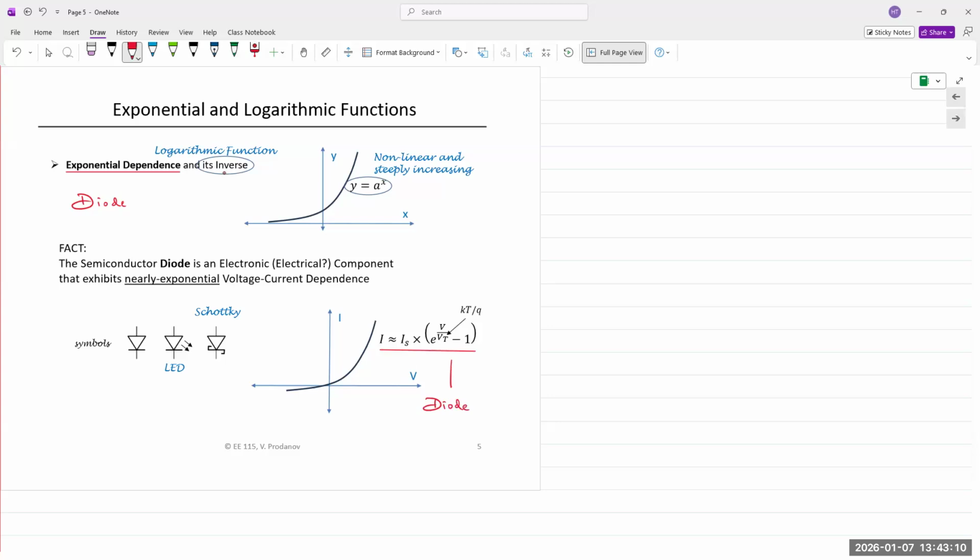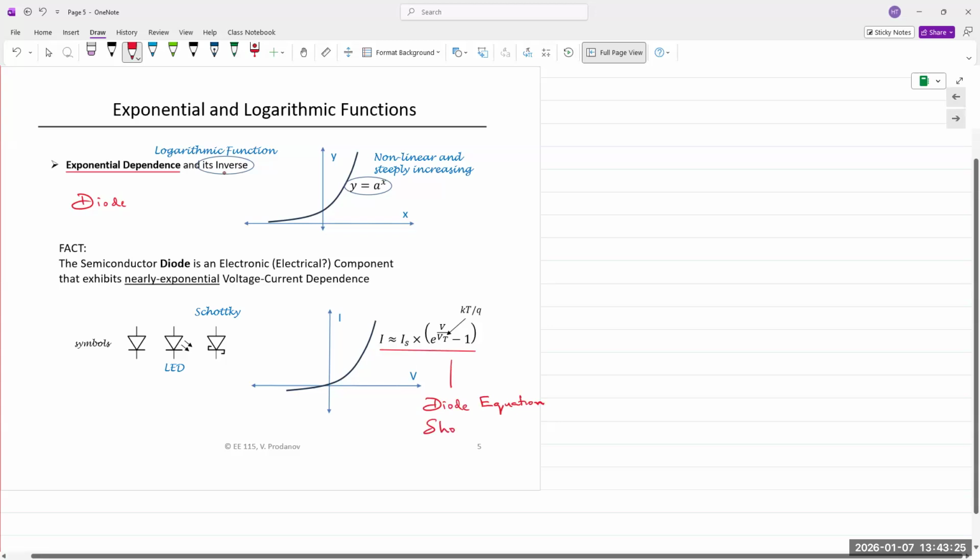This is known industry-wide as the diode equation, or it is also known as, does anybody know what it might be called? I wouldn't expect it anyway. It's known as the Shockley equation. It's named after William Shockley.